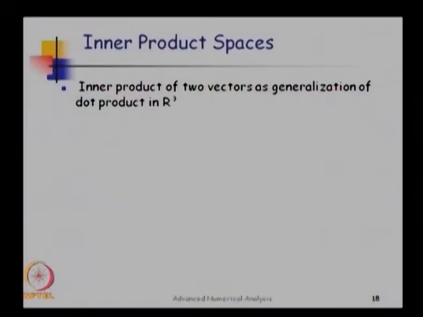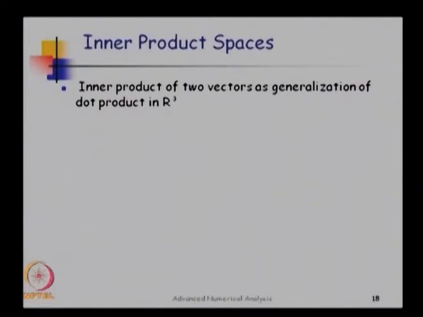So we are going to look at inner product spaces. Inner product spaces are a generalization of 3 dimensional vector spaces with dot product defined in them. We are very familiar with dot product.